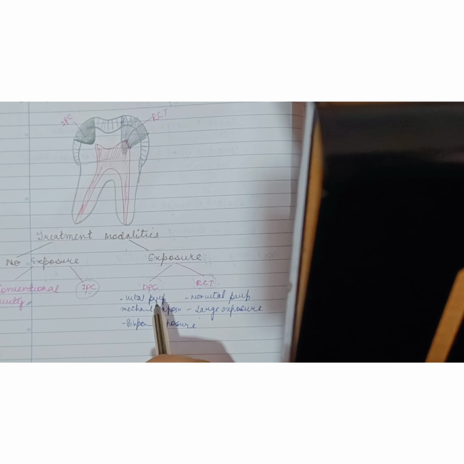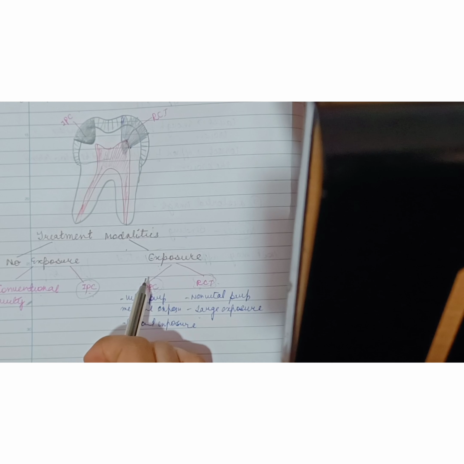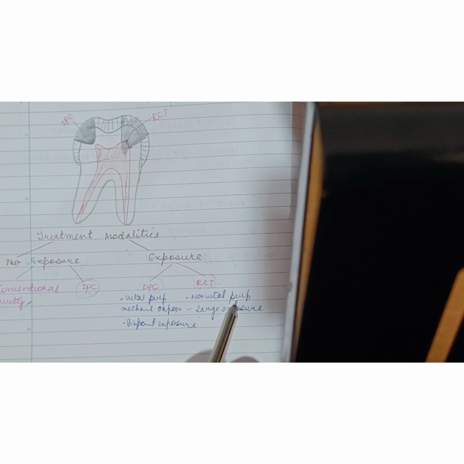There are some more criteria which help us to decide if we have to do DPC or RCT, for example, duration of hemorrhage and the duration between the pulpal exposure and treatment. Basically, DPC and IPC come under vital pulp therapy, which in itself is a different topic. So focusing on RCT in this video, we have to keep in mind that for cases of non-vital pulp and large exposure, the tooth will go for RCT.